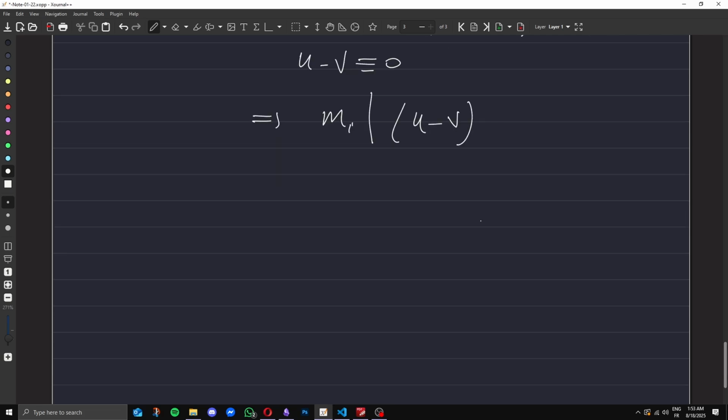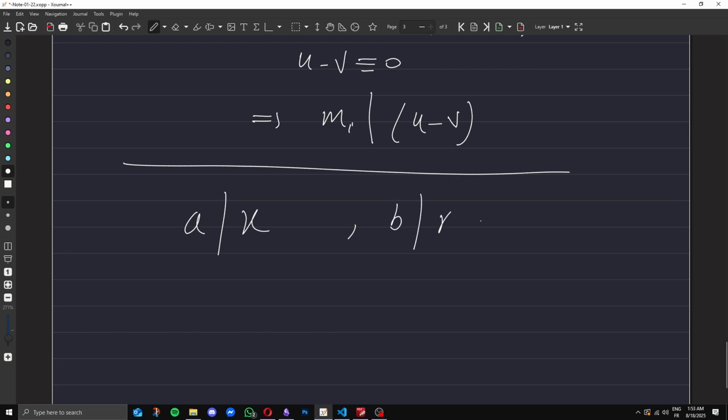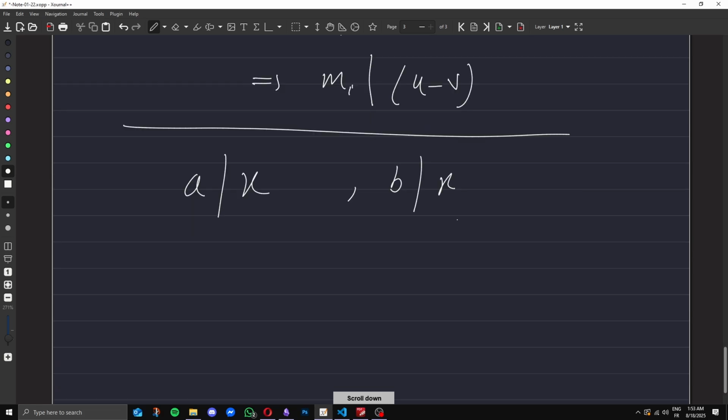Now, let's suppose, forget our old variables, suppose you've got a divides x and b also divides x, right? Now, if a and b are coprime, so their greatest common divisor is 1, then that means a times b divides x. Okay, that makes sense, right?